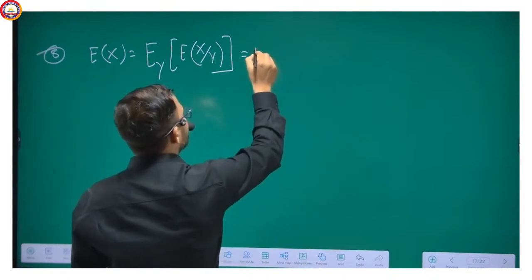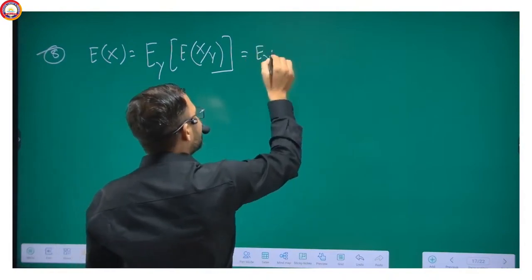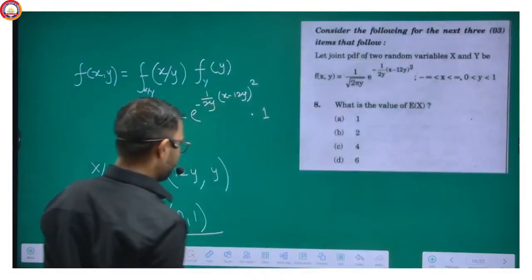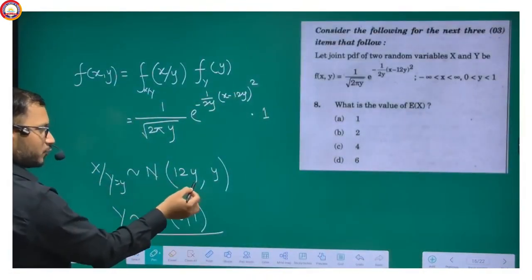Expectation of x given y is given already. Expectation of x given y is 12y.